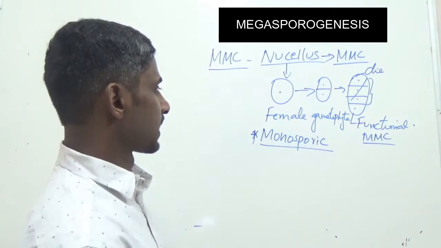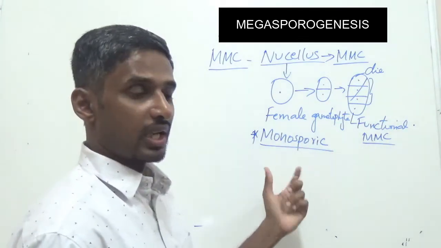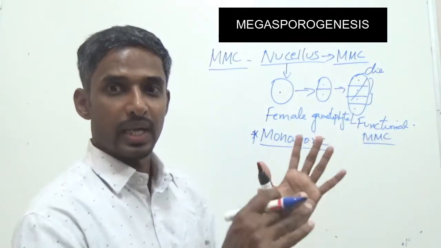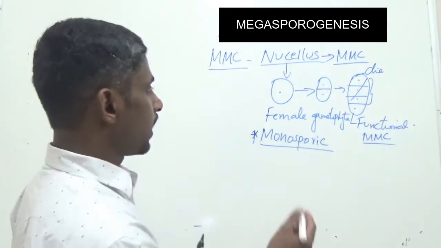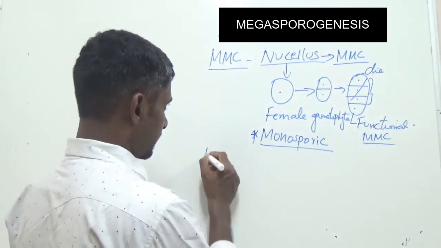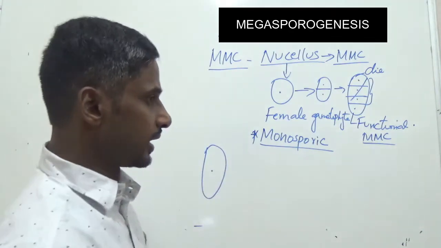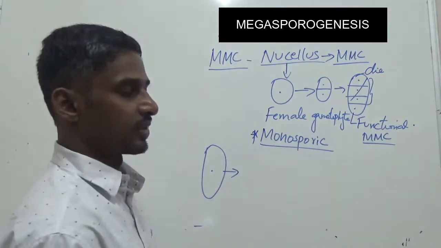Now once this functional megaspore is there, we have to study how we get from this one single functional megaspore the entire embryo sac and its contents. Once the megaspore is ready, it will undergo division.